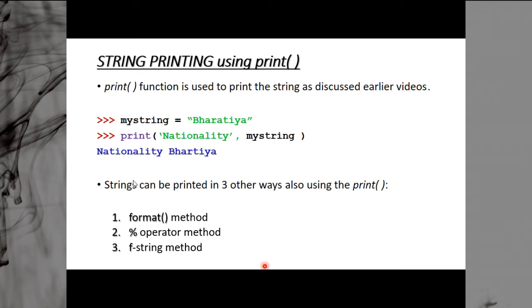There is not much difference, but they are termed as the format method, where you use the format function of the string class to format the string; the percentage operator method, which is almost similar to the C or C++ style printf method; and the f-string method, which is almost similar to the format method, but it is an inbuilt feature of strings, you can say.